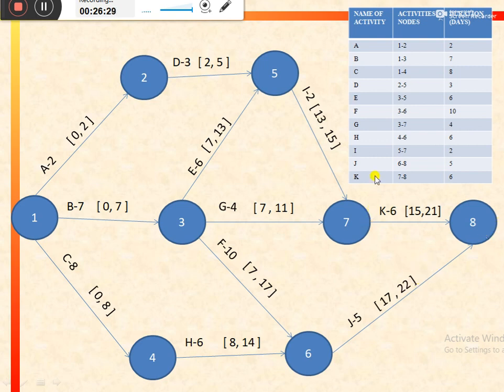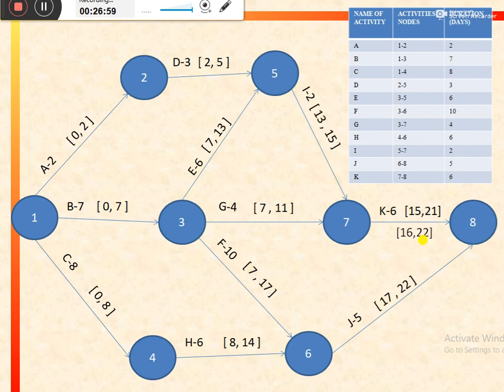So let's start with the last activity in this sequence, that is activity K. So the latest finish for activity K would be equal to the maximum duration of the project, that is 22 days, and latest start would be equal to the latest finish minus the duration of the activity, that is 22 minus 6, that would be equal to 16.